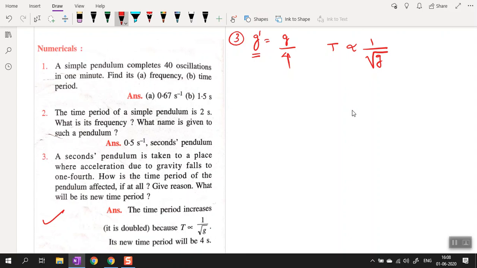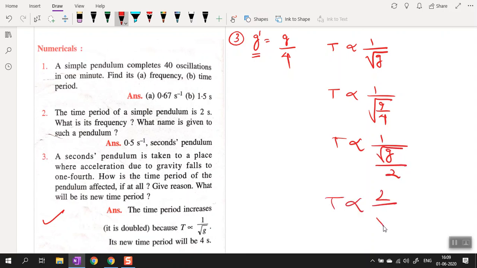So if you take the root of g by 4 and write it here, it will become root g by 2. So time period is directly proportional to 2 upon root g. That means the time period is doubled. If the acceleration due to gravity becomes 1/4, the time period doubles.